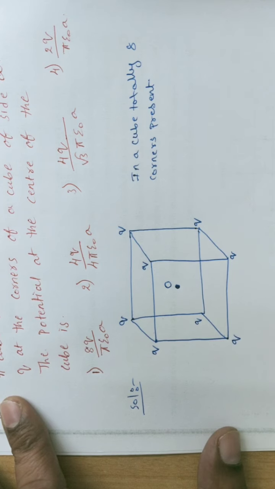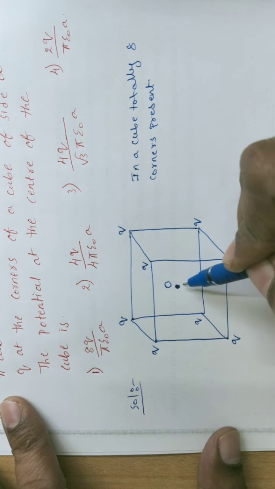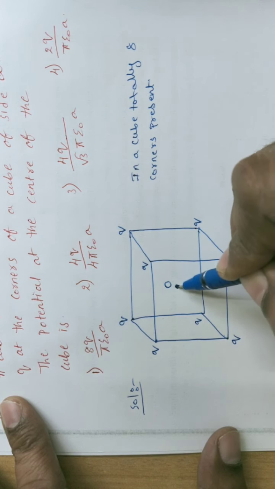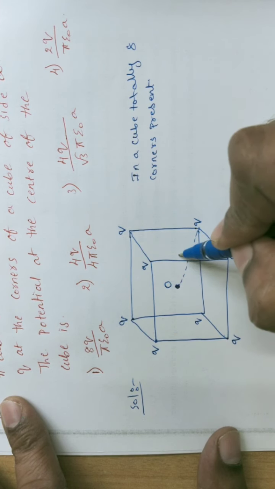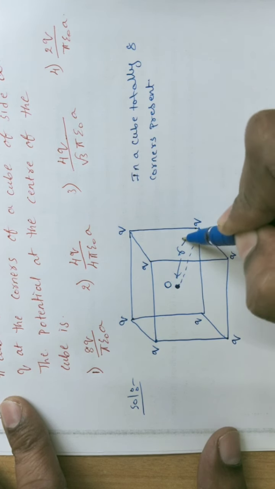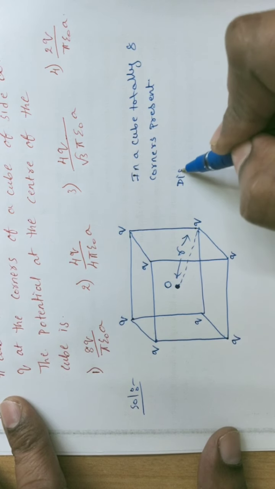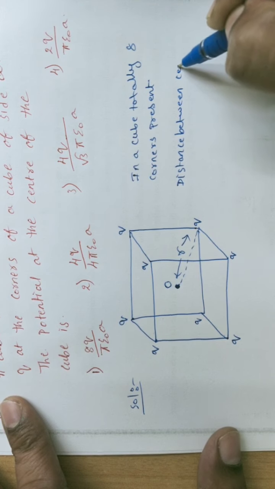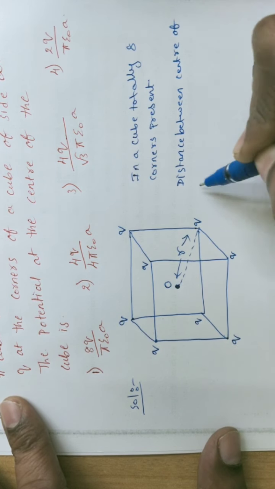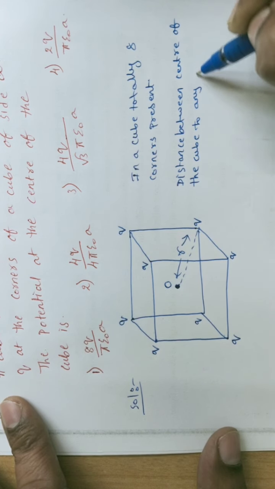In general, by mathematical conditions, from the center of the cube to any one of the corners, for example this corner, I am taking the distance as r. So there is one fundamental rule for the distance from the center of the cube to any corner.